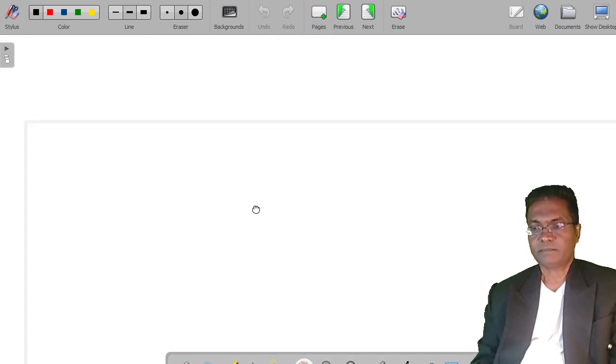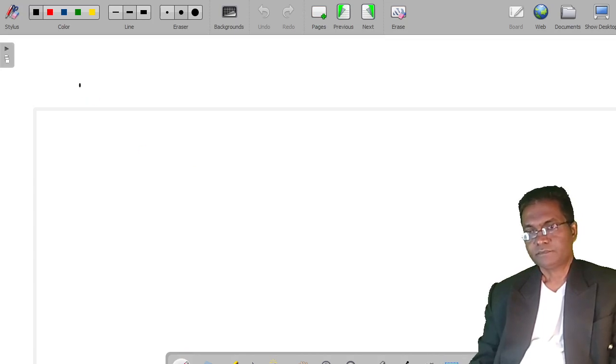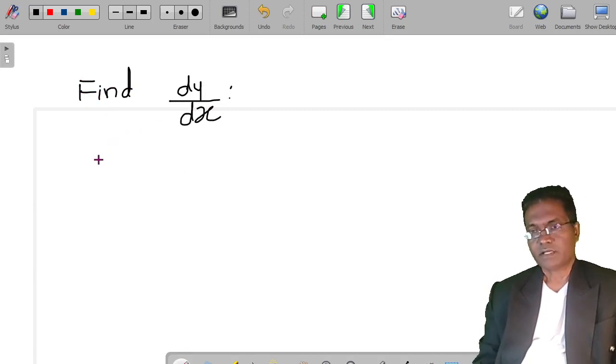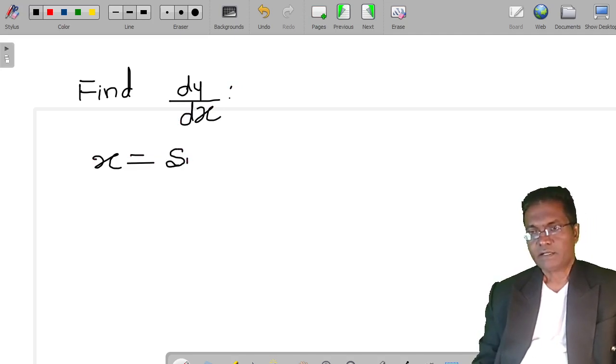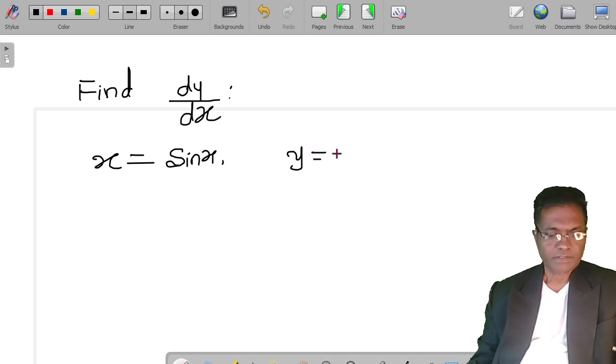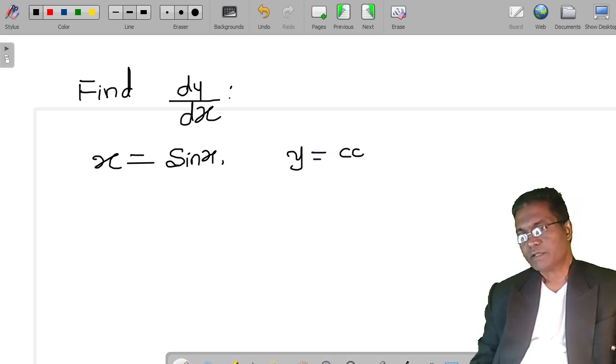Here is another example. Find dy by dx. Okay. You are given x is equal to sin t and y is equal to cos 2t.